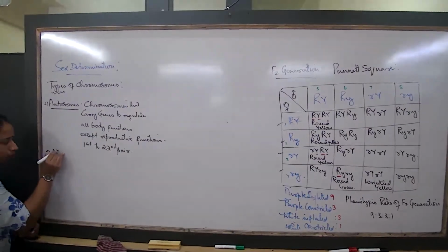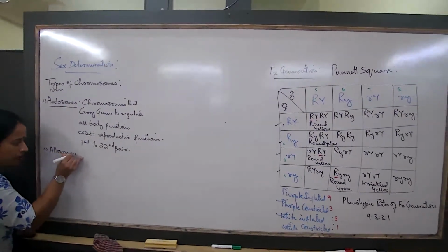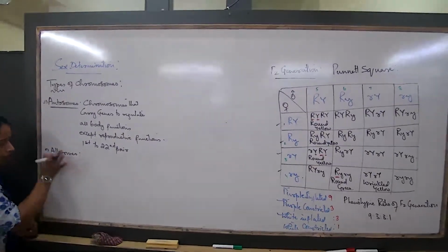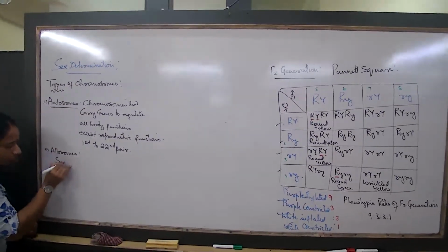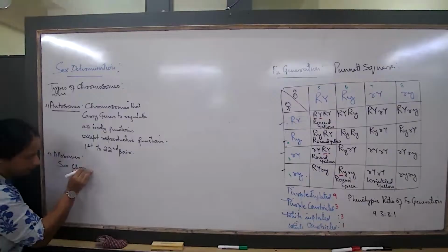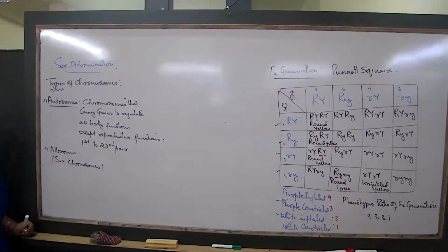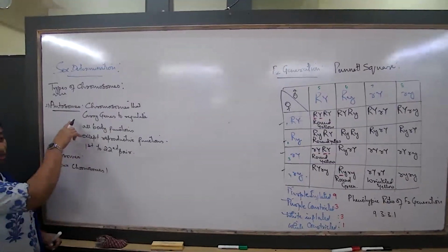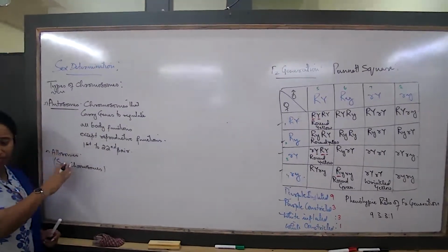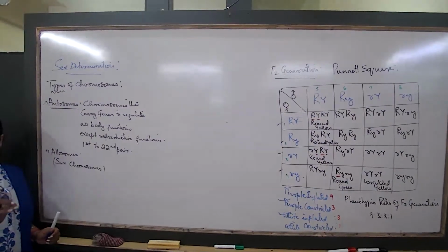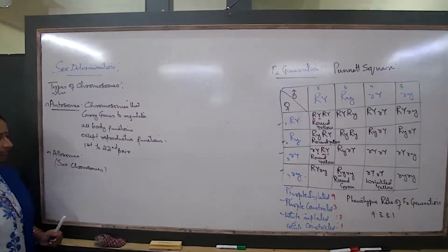Second type of chromosomes that we have, allosomes, these are also known as the sex chromosomes. How will you define them? From all of you, please remember to write this specific answer. In your textbook, they have not given any specific definitions, but questions are there always like this.